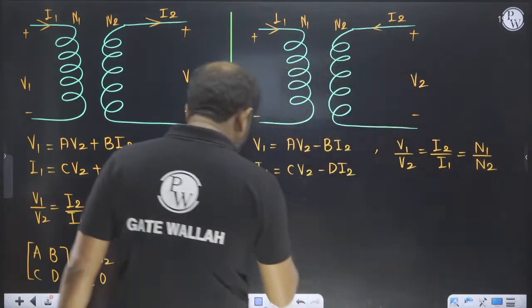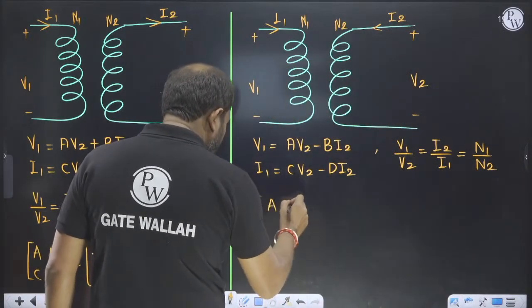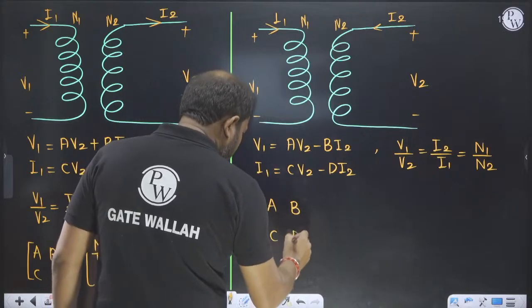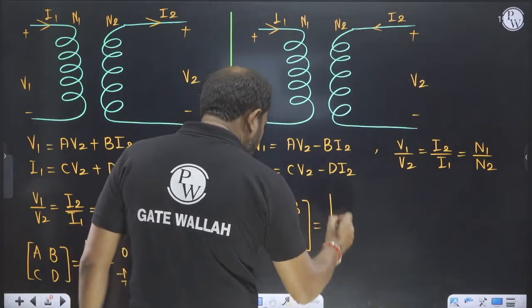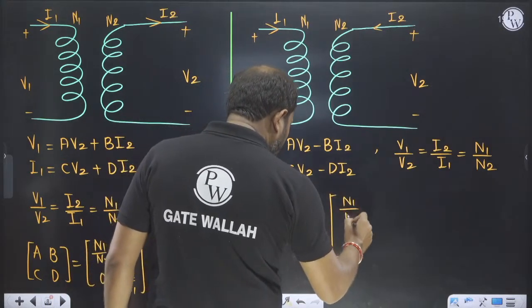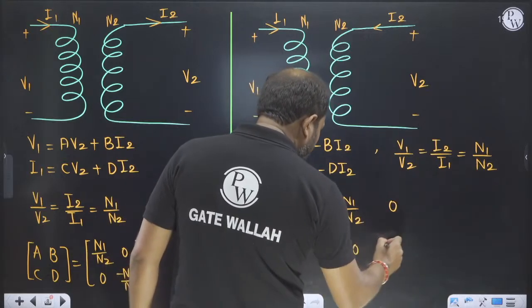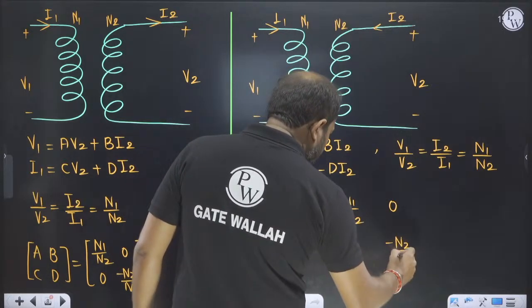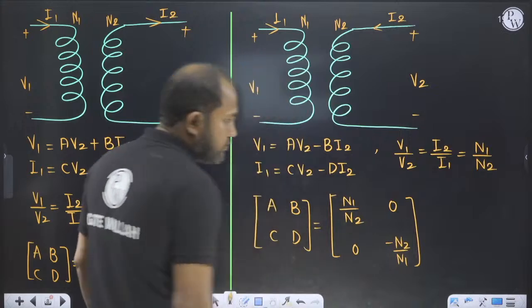In this case the ABCD matrix will be N1 by N2, 0, 0, minus N2 by N1. So you have to focus on that.